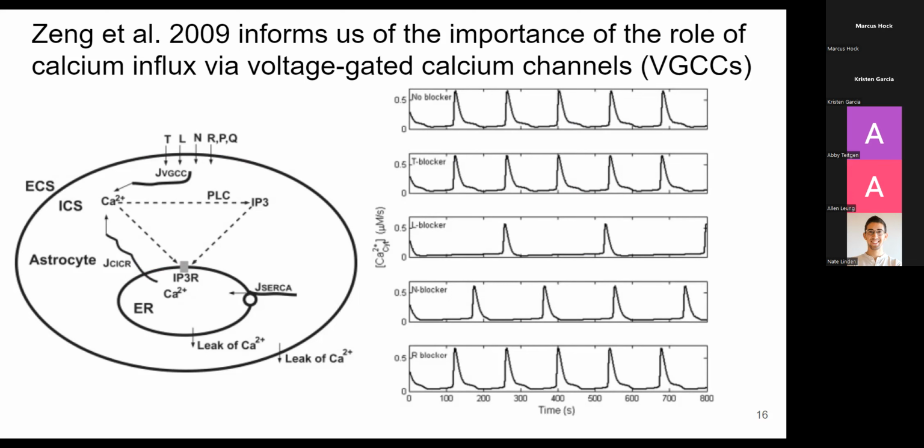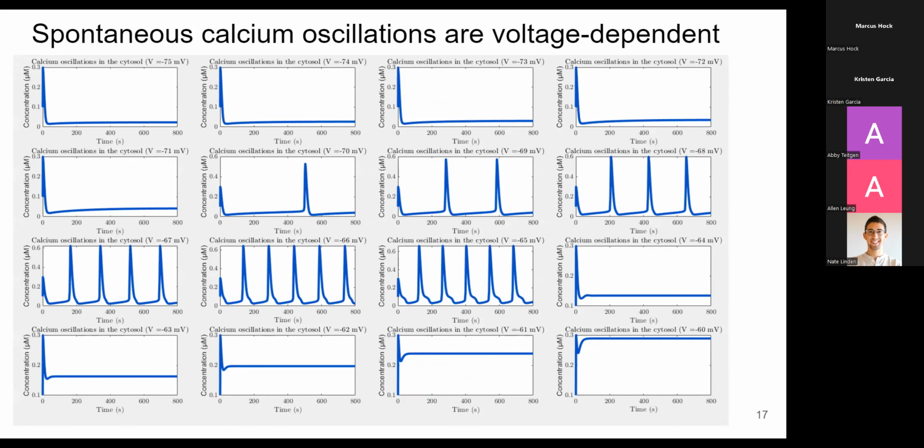And so in my next slide, interestingly enough, you'll see that just from this simple parameter sweep of the resting membrane potential, there's essentially a regime where you would see these spontaneous calcium oscillations for a given range of the resting membrane potential.